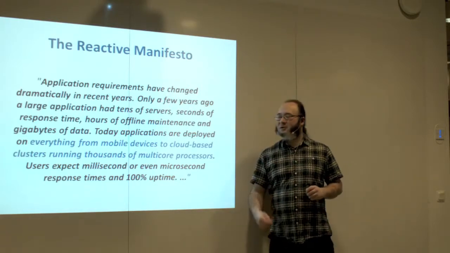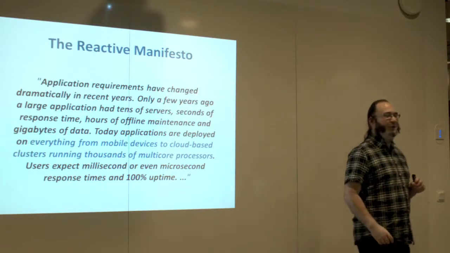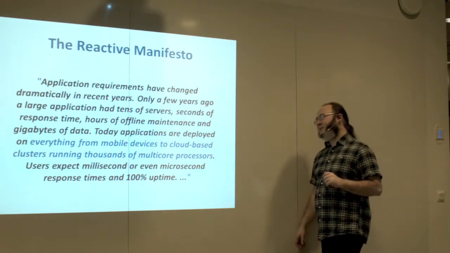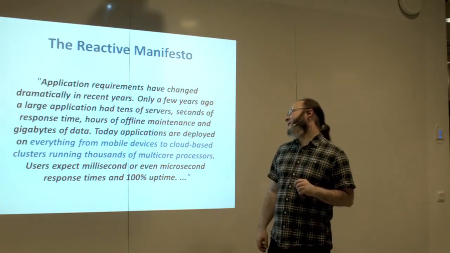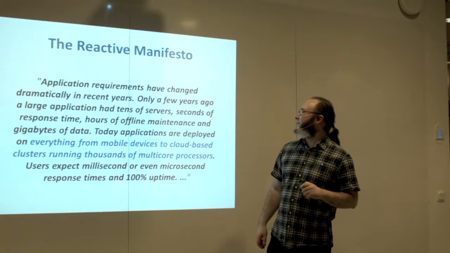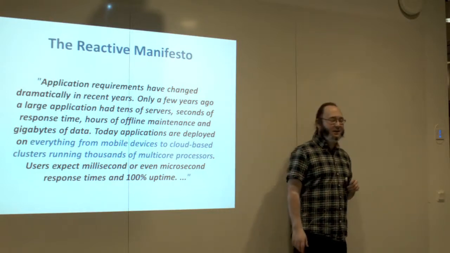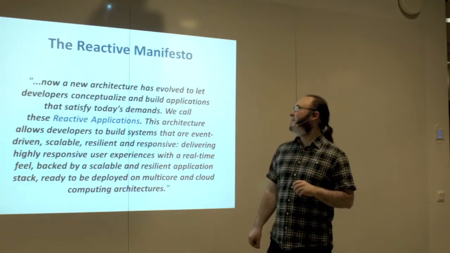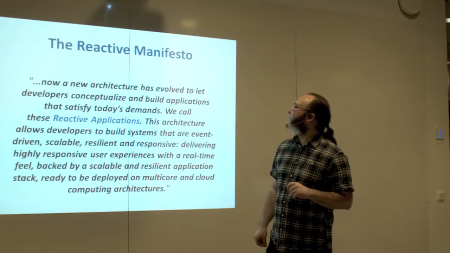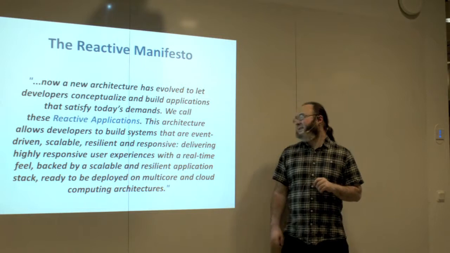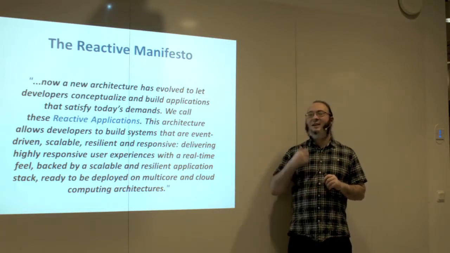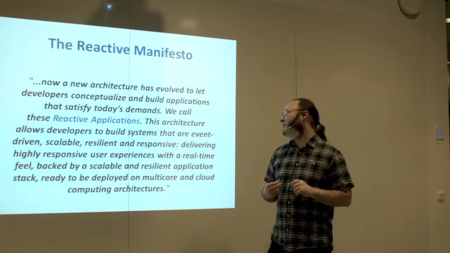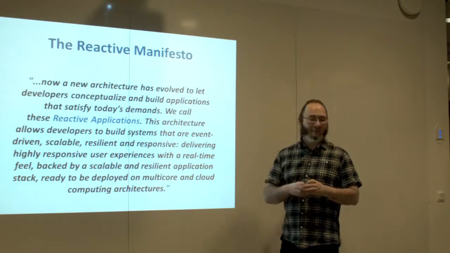Here's just a couple of quotes from the Reactive Manifesto. I won't read it, but you can see it, and it's describing the sorts of changes in the kinds of systems that people are having to build now. Here's another one, talking about an architecture that is very asynchronous in nature.